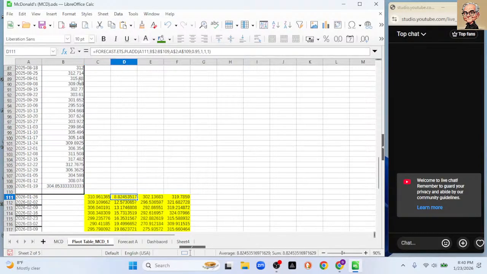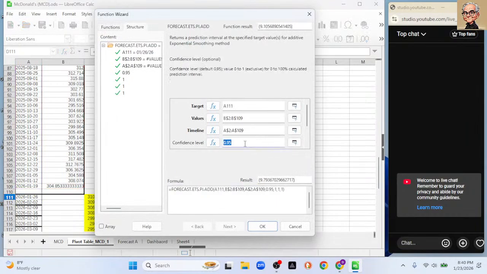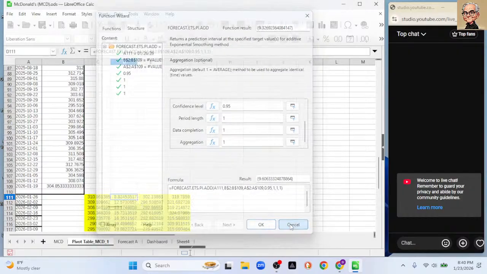For the predictive interval, or the price interval, same thing: start, value, date. The only difference is you set the confidence interval, okay? And the rest is just three ones, all right?